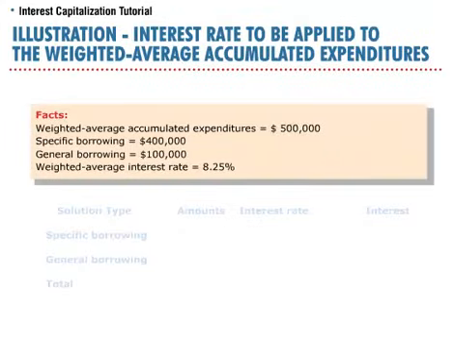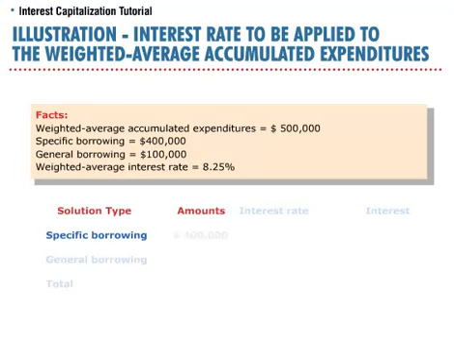Continuing with our Bucky Company example, the weighted average accumulated expenditures amount is $500,000. Let's assume Bucky Company borrowed only $400,000 specifically for the stadium project at a 10% interest rate. The remaining $100,000 was financed through general borrowings. If we assume the general borrowings had an average interest rate of 8.25%, we then compute the interest to be incurred as follows.